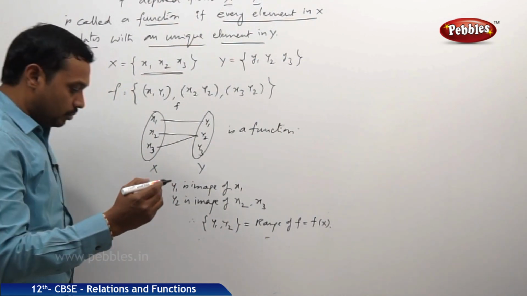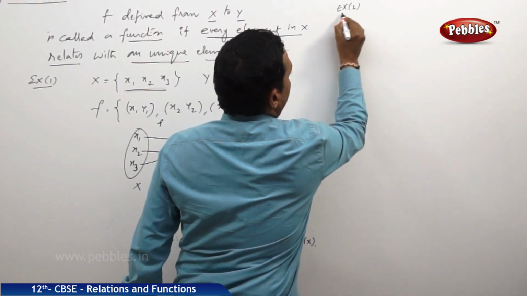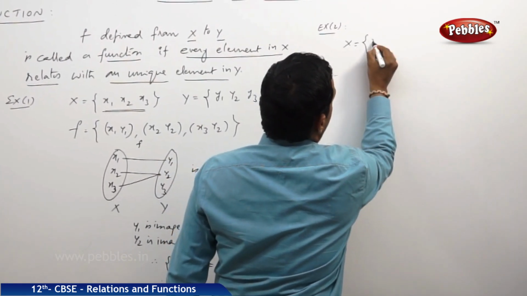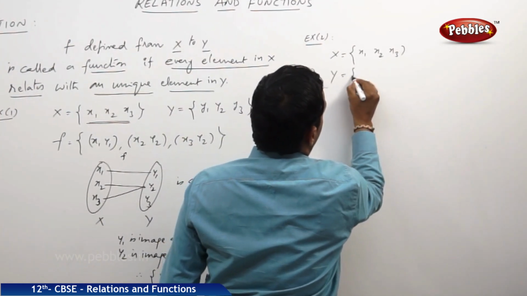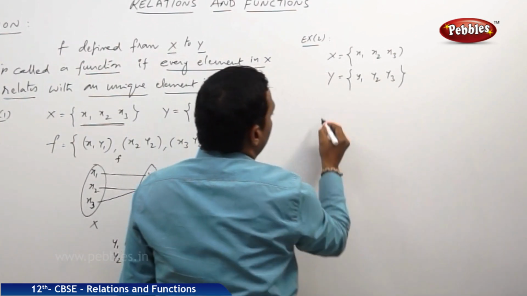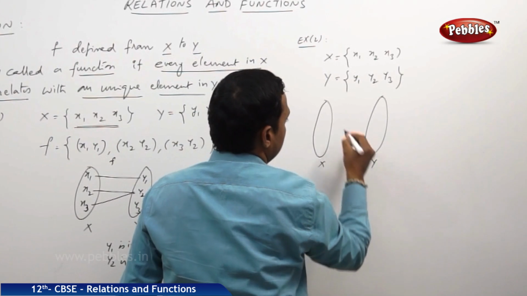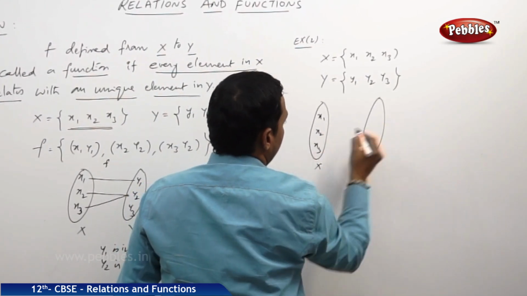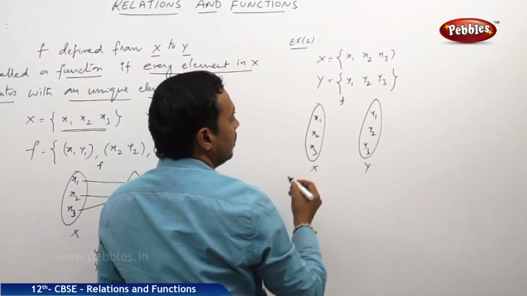Now let us take one more example. Example 2. I am taking the set x as x1, x2, x3, another set y as y1, y2, y3, and define a relation f.